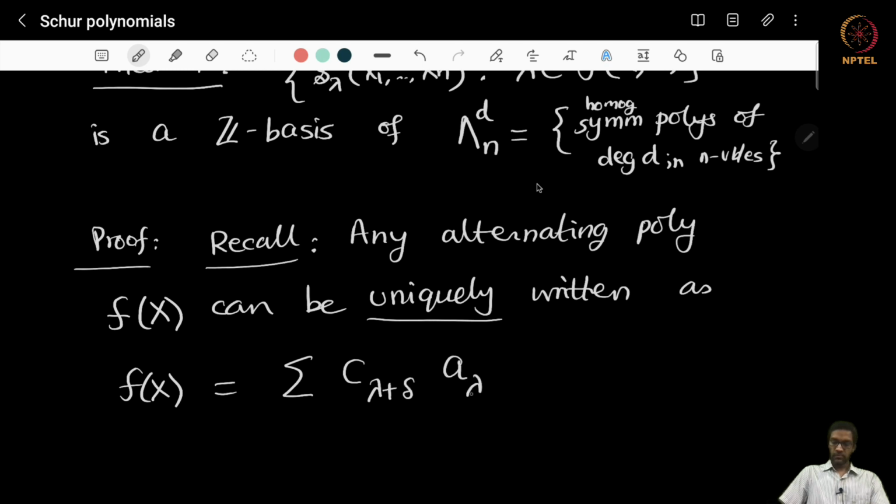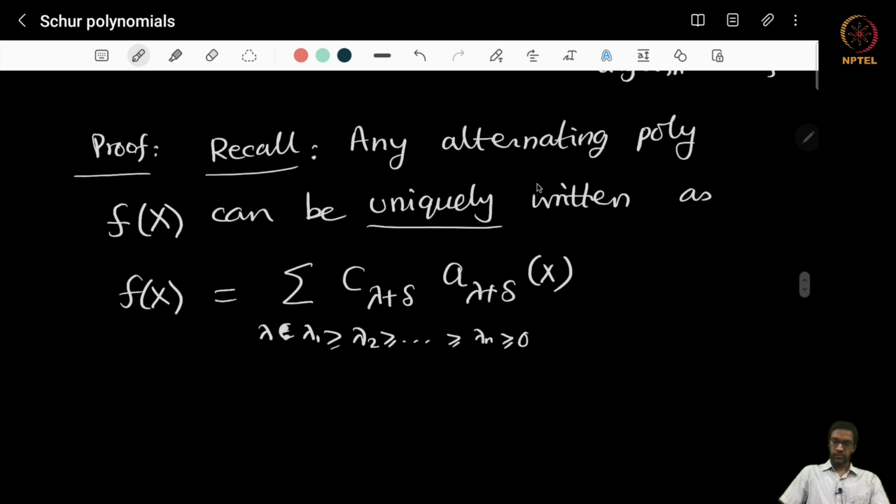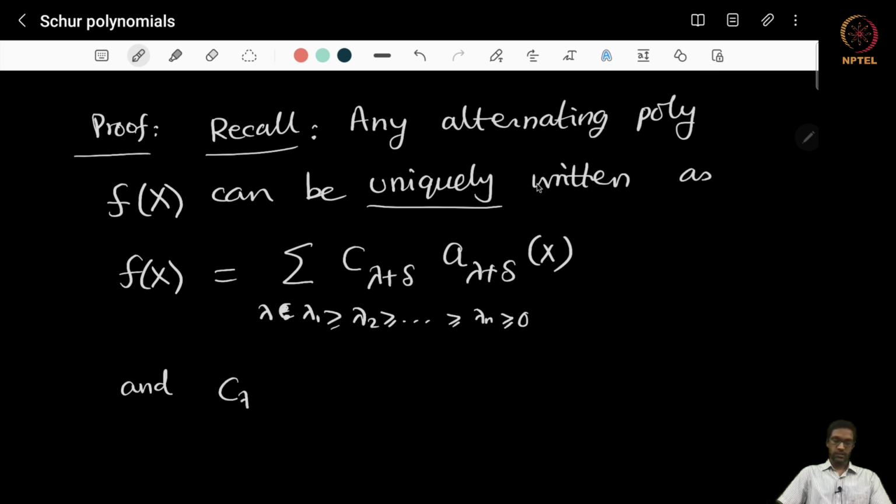So any alternating polynomial can be written in this form. This was the statement that the alternates are analogues of the monomial symmetric functions when we talk about alternating polynomials.